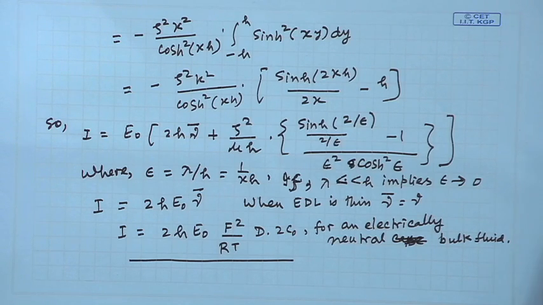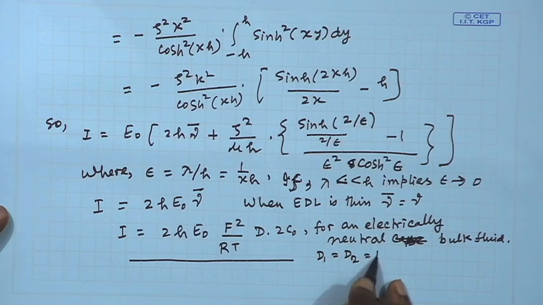Now, if I define, here there are several simplifications we have taken: the diffusivity constants are taken to be the same for both the ions.